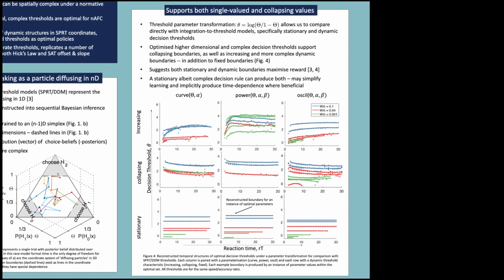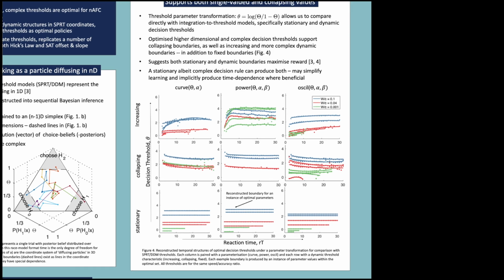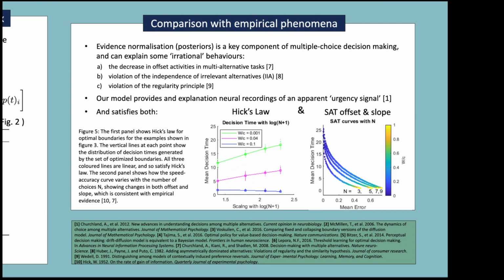To investigate that, we can use a parameter transformation with which we can compare directly with the 2-choice results. And we found that these multidimensional thresholds can mimic threshold dynamics, or can appear like threshold dynamics, under this transformation. By using sequential Bayesian inference as our coordinates for decision trajectories, we find that evidence normalization, so using posteriors directly as our decision trajectory variables, can explain some irrational behaviors.